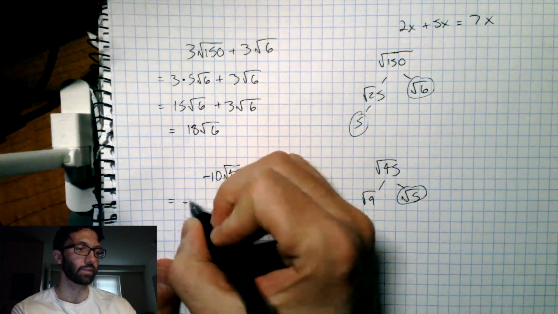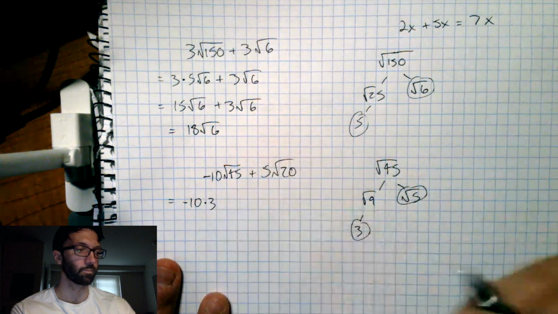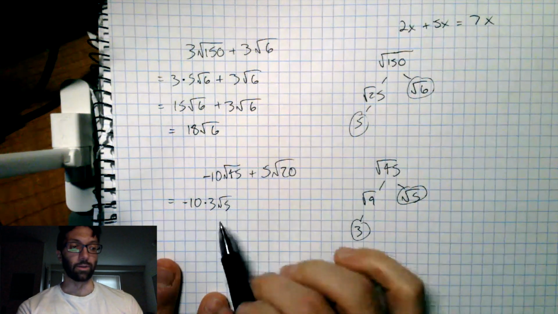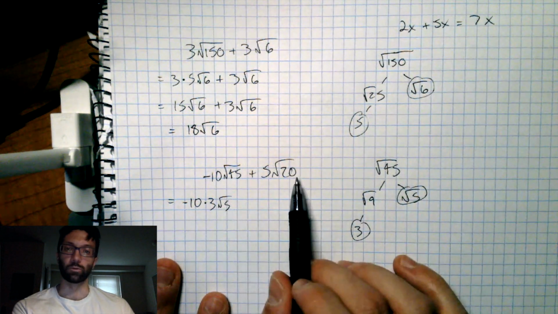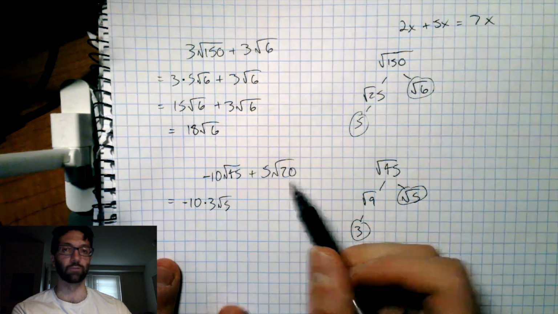So I have my negative 10 times 3 times root 5. Now, as you can see, root 5 and root 20 still don't match. So in this case, I'm actually going to have to simplify root 20 as well.